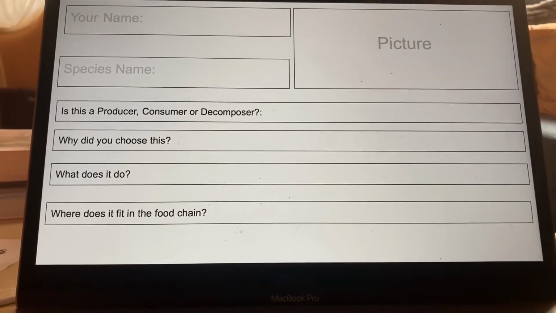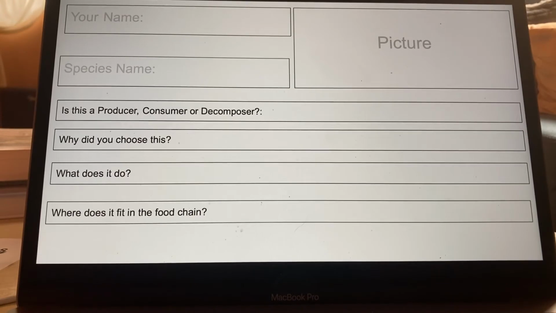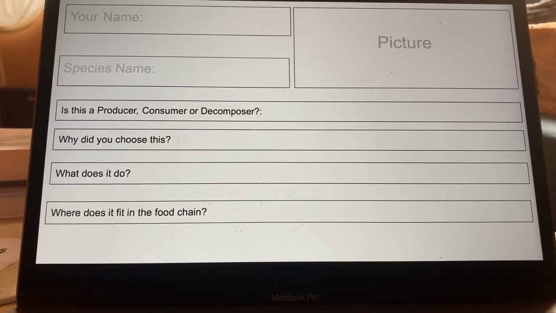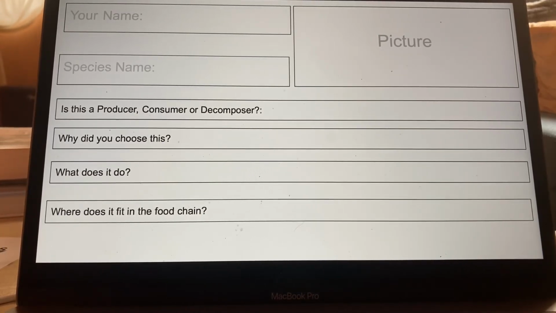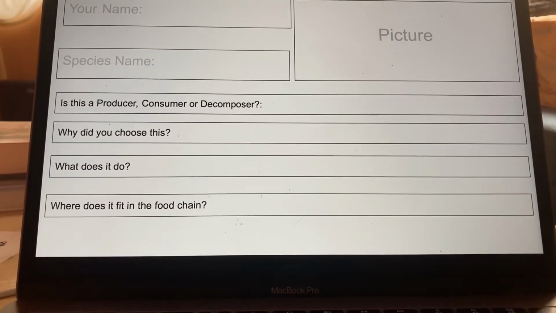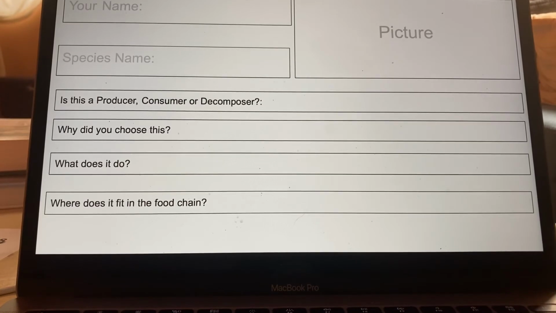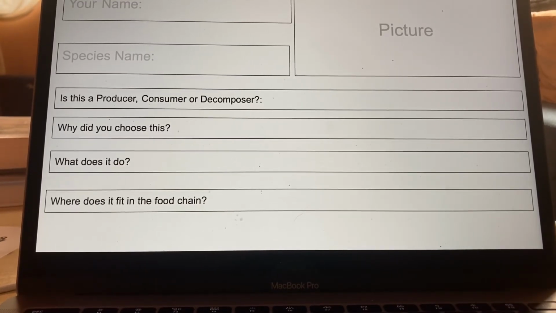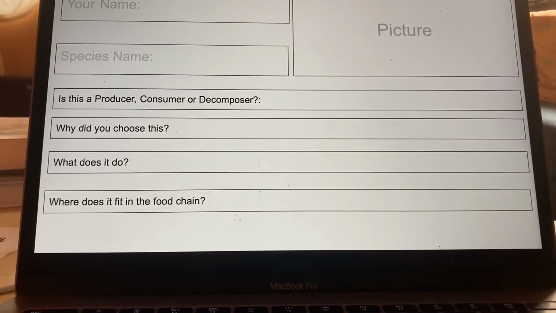So everything in gray you're going to fill in. The first one is your name. So you write your name up there. And then the species name. So if you were going to choose grass, you could put that there, or a deer. You really can get creative with what you choose here. And then over on the right, you're going to put a picture of the species that you selected. And then there are a couple questions down there that you want to make sure to answer.